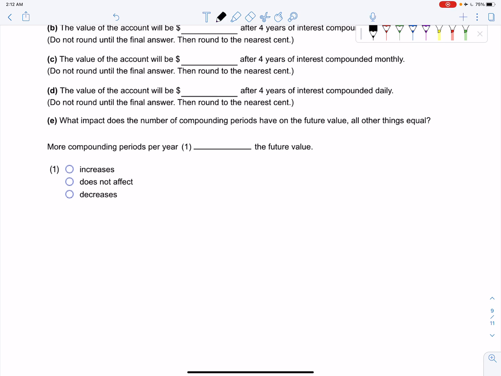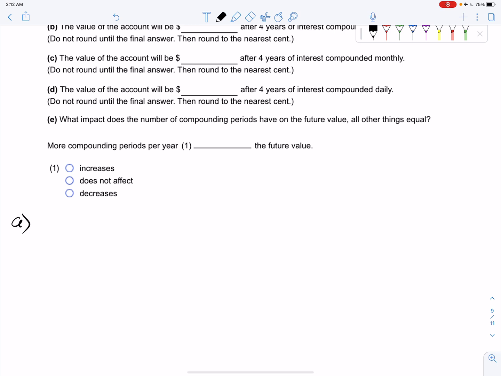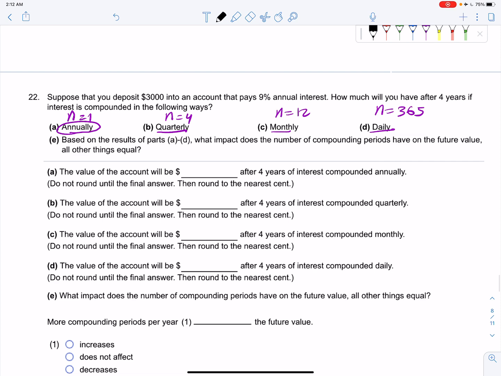I think with this one I'm going to try to space it out a little bit differently. So at least on this first one, we got to read the problem. Suppose that you deposit $3,000 into an account. So 3,000 would be the principal.